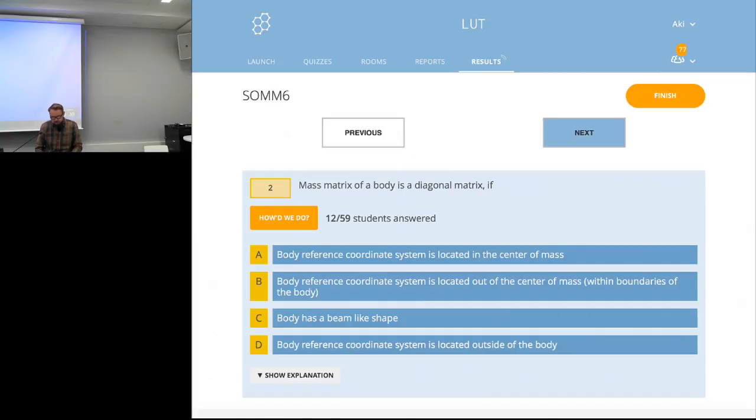Body reference coordinate system is located outside of the body. Okay, and now it's going to happen, right here, right now. We need this positive spirit here. Last time 83, which was exceptionally high. So we'll see how it is.